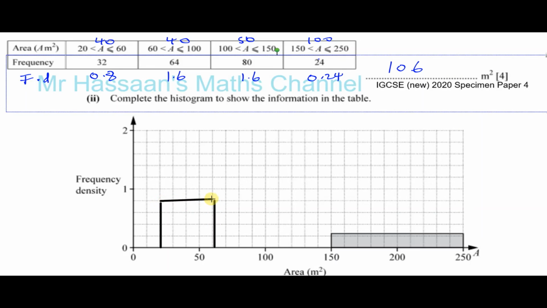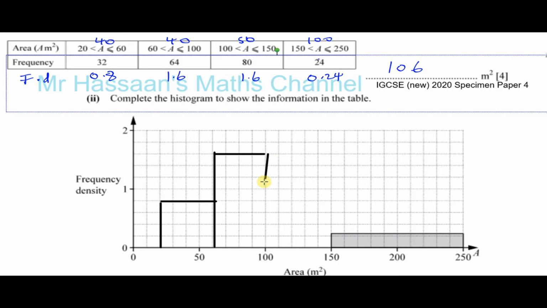Okay, now the second bar starts from 60 and goes up to 100. It goes up to 1.6. So I can just extend this one to 1.6. That's 1, 2, 4, 6, 1.6. Straighten this up. Okay, and that goes up to 100. So I've got to draw a line on top up to 100. So that's the second bar.